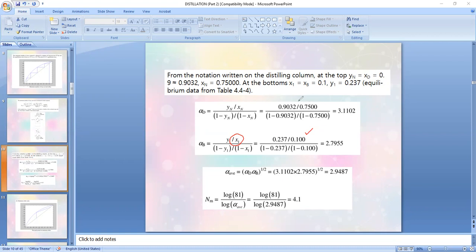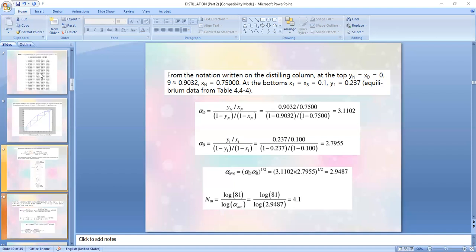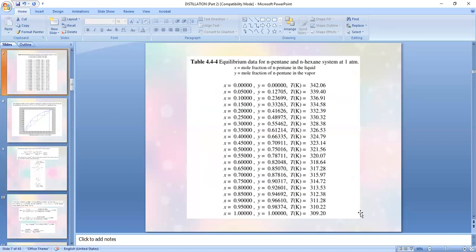Just like the way you did it for this value, the closest value of y in the table, you get its paired x. Now this one is for x, so you look for its paired y. Where will you look for it? You look in the table of the equilibrium data that was provided in the problem.